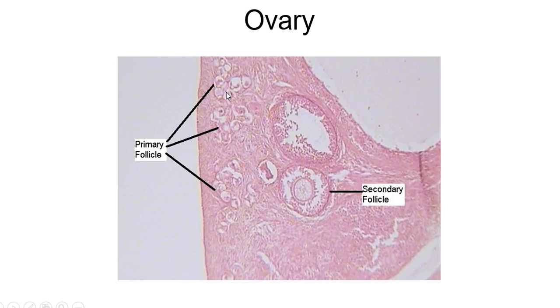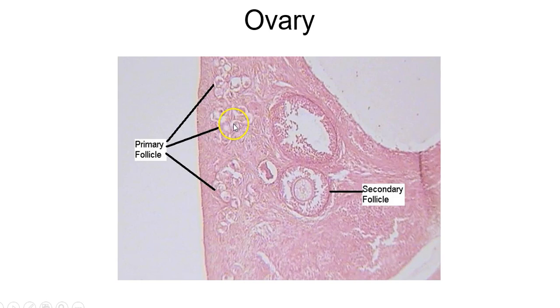All of those are sitting there in place in this ovary when the individual from whom this ovary was taken was born. So those primary follicles will sit there in this form. They are right there at the very beginning of meiosis. They're diploid cells. They will sit there in this form until puberty.